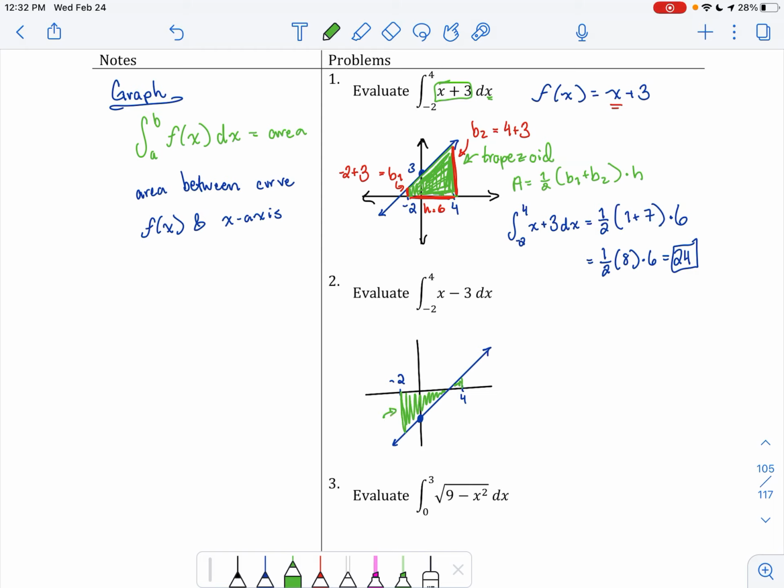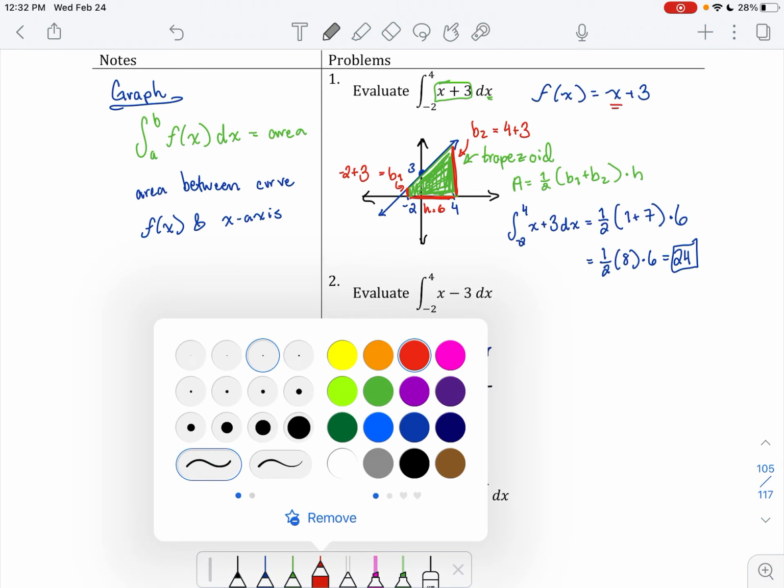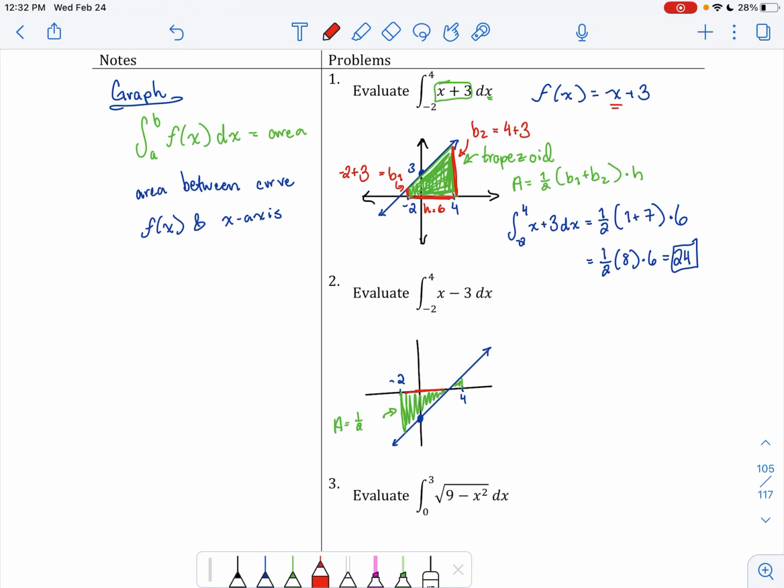So this one here has a negative height, so the area is equal to 1/2 base times height. The base is here, and the intercept is 3, just based on our knowledge of the function. So our base goes from -2 to 3, which is 5.